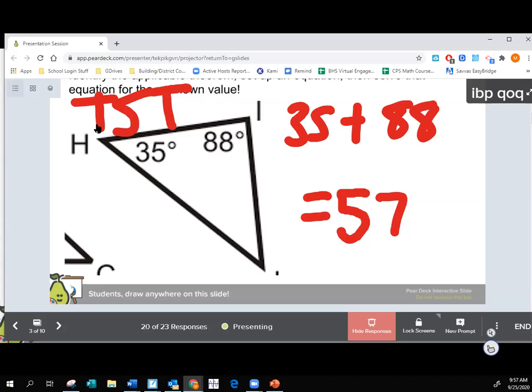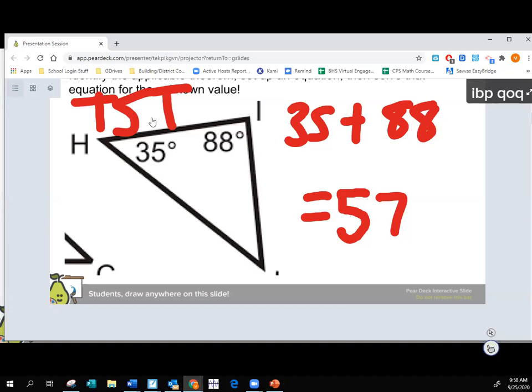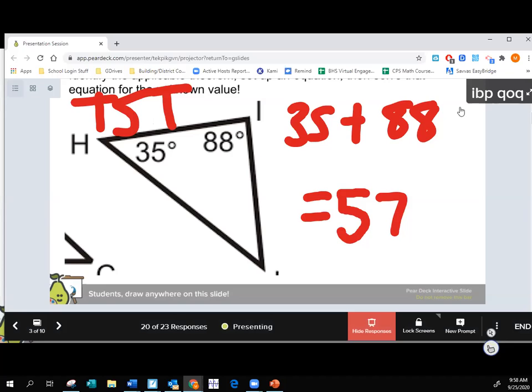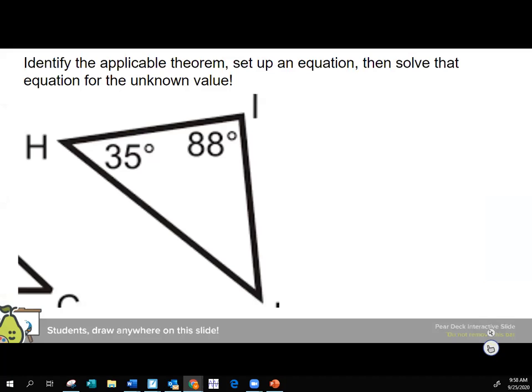They did do something importantly correct, which is they did identify the triangle sum theorem as being the correct theorem, for sure. Can someone just shout out to the room, what does the triangle sum theorem say? The three angles added together equal 180 degrees. And I don't see that equation off to the right. So they correctly identify the triangle sum theorem, but their equation definitely does not back them up.